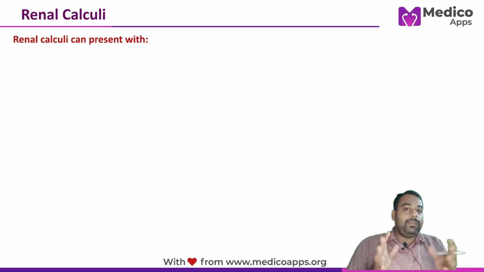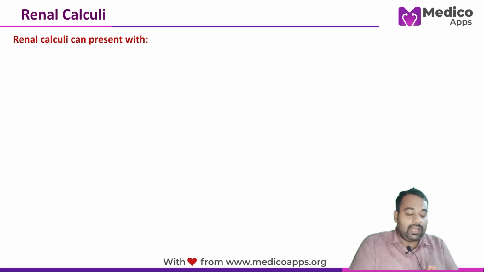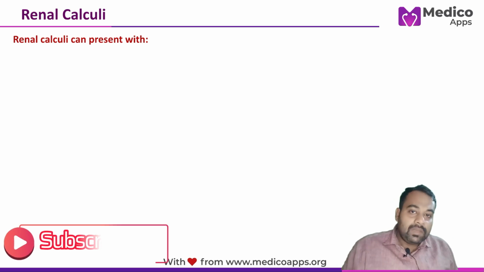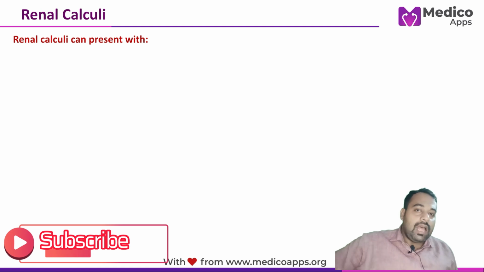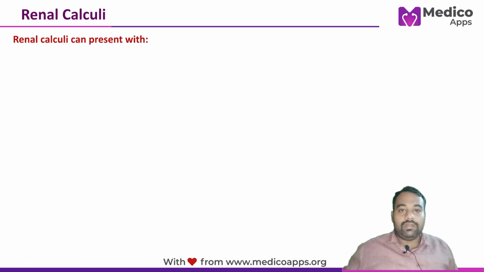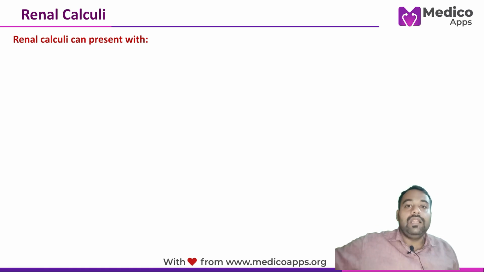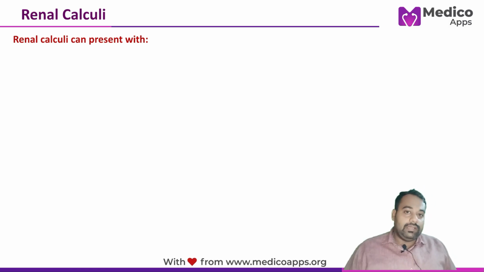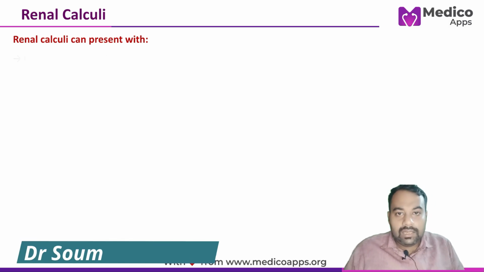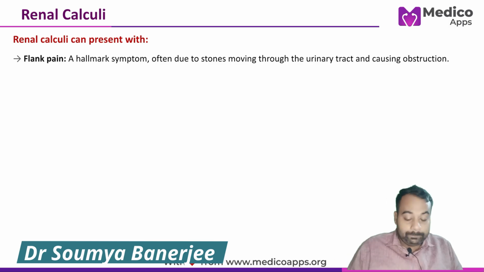So the patient will come to you saying, sir, I am having severe spasmodic pain typically in the flank region, and after taking some amount of water, that pain has now moved to the groin region. Okay, so this is the typical presentation regarding the pain.